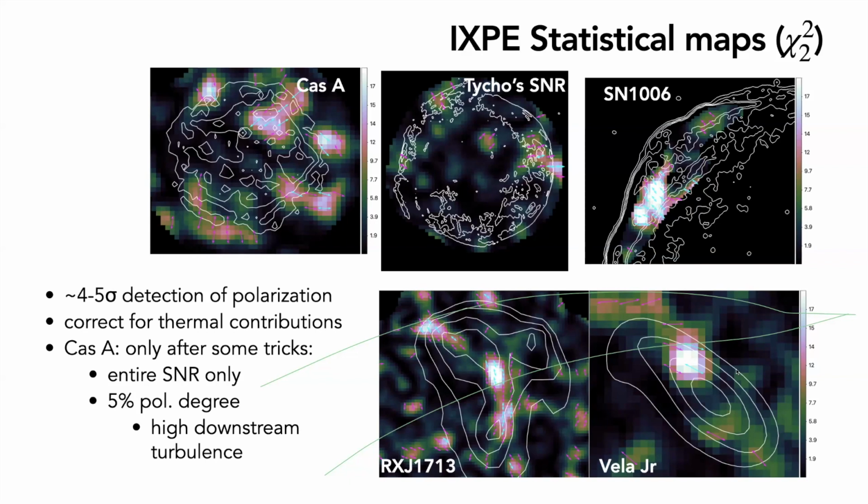Felix, in the model that I explained, everything is going on in the downstream. Only the initial Bell instability is, of course, in the upstream. So cosmic ray instabilities are in the upstream, but the creation of anisotropic turbulence happens downstream.